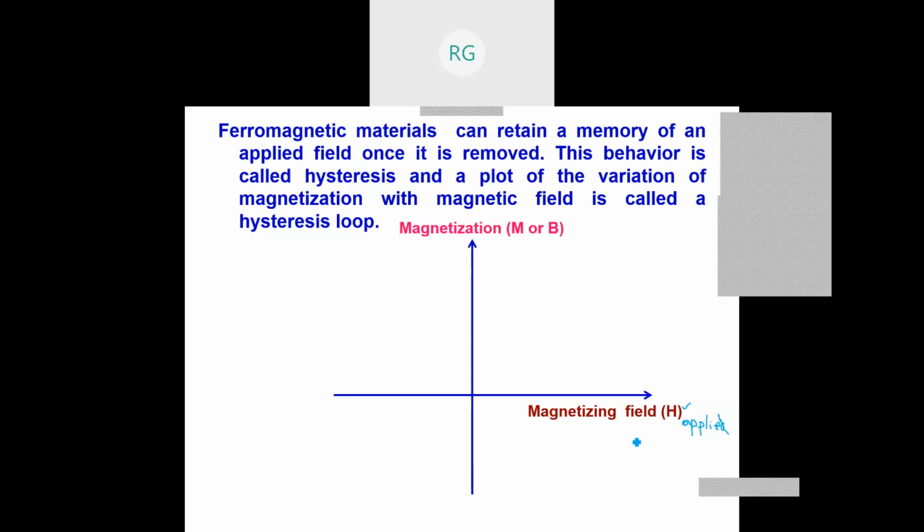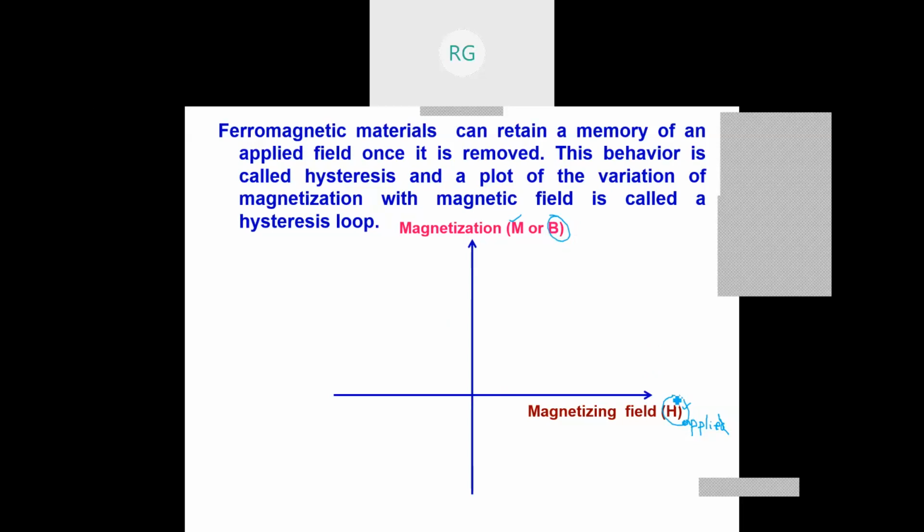That magnetization we call M. Once it gets magnetized, a magnetic flux is induced in it. Therefore, on the y-axis, I can take either M or B. So this curve is called the BH curve, generally known as the BH curve.